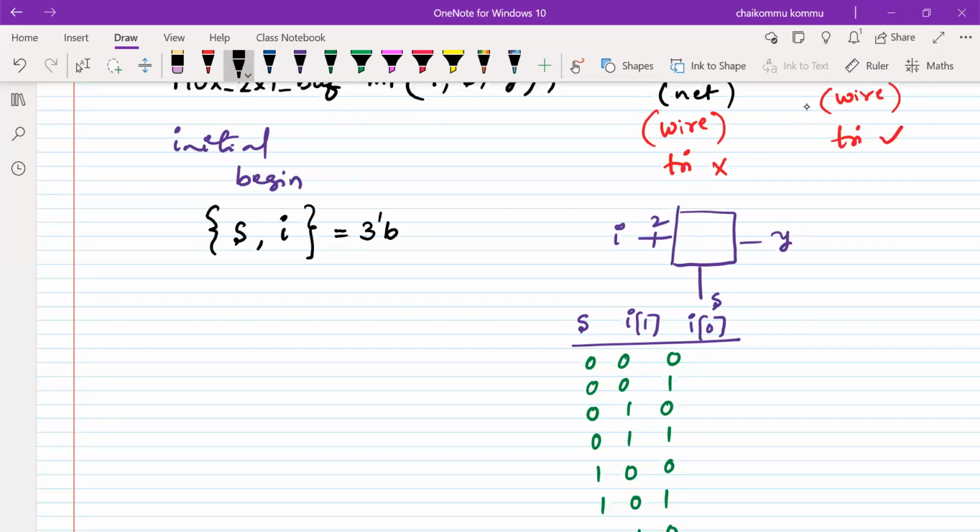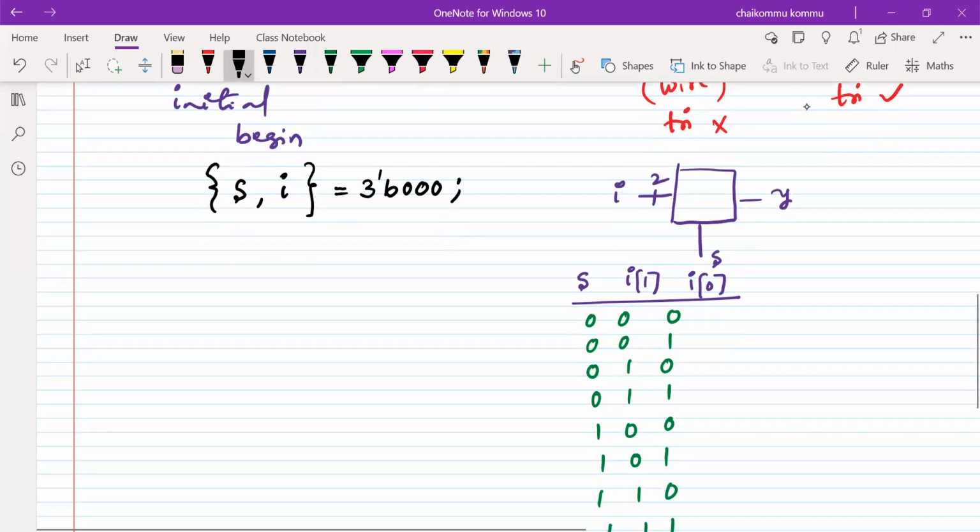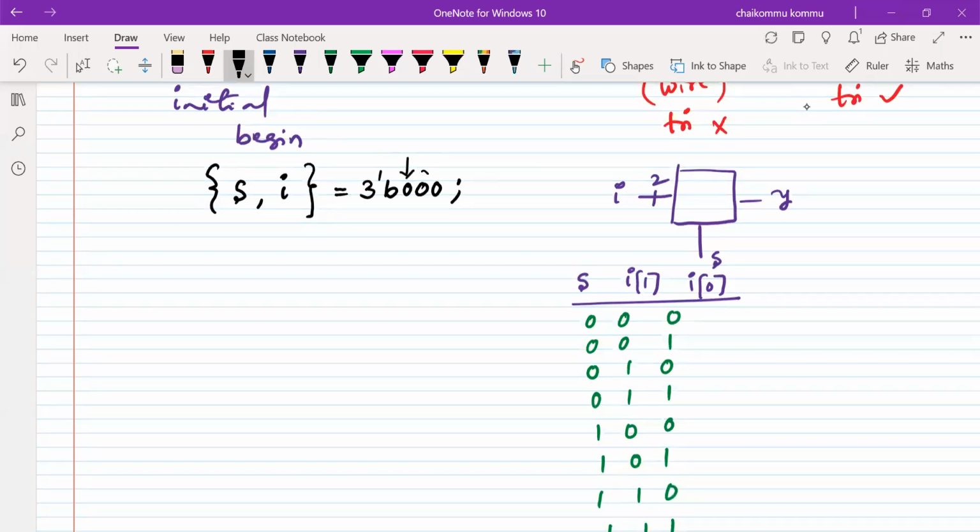So how do I write 0, 0, 0? This is the first case. The first bit is meant for S, and the next two bits are meant for I. The middle one is I1 and the LSB is I0. After 10 nanoseconds, I use the next data: S comma I is 3-bit 0, 0, 1.